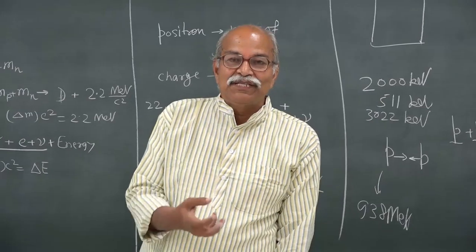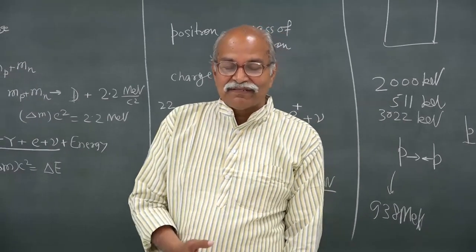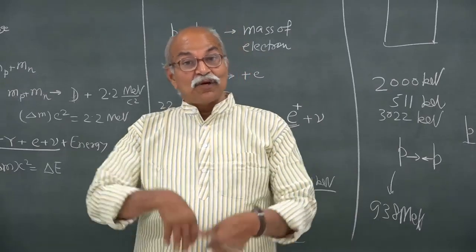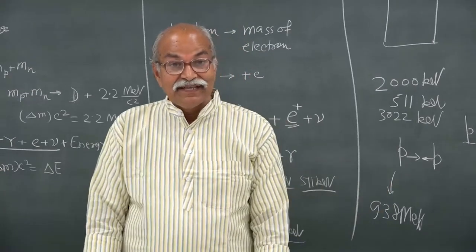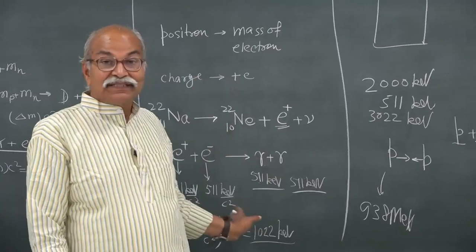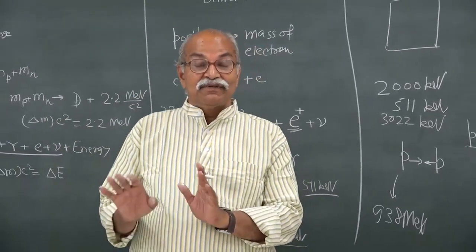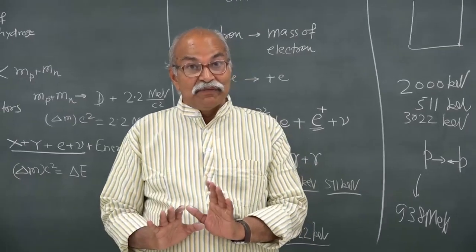The rest mass into c square is the rest mass energy, and on top of it you can have kinetic energy, and then combine all those things. That is the interpretation of the famous equation E equals mc square that you should keep in mind.